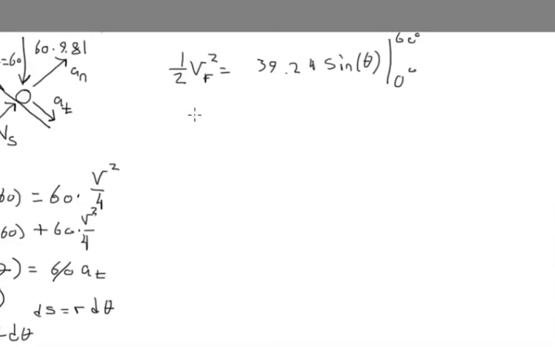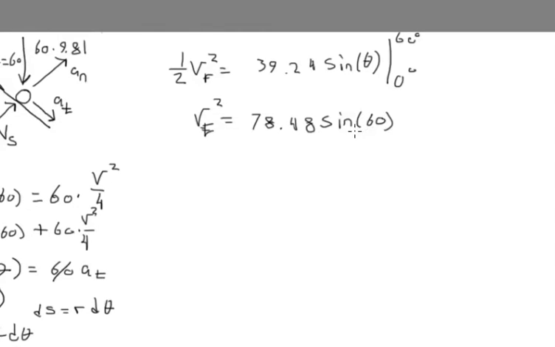And this is pretty easy to do. You just solve algebraically. You're going to get v final squared equals 78.48 times sine of 60, we'll just keep it as sine of 60.